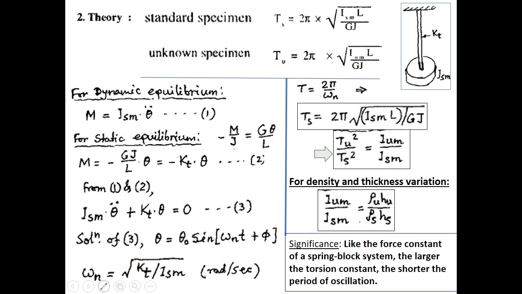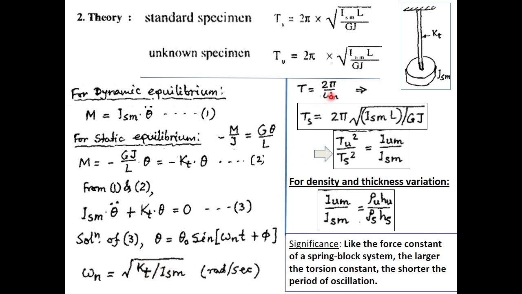If the angular velocity is omega n, how much time is required to generate 2 pi? Obviously T into omega n, so the time period of oscillation is 2 pi by omega n. So this is the equation. What is omega n? This is the expression.